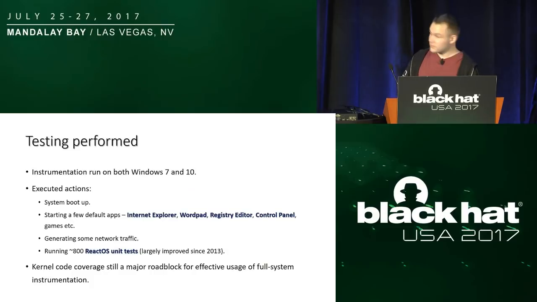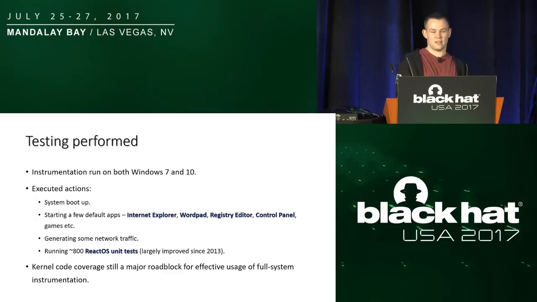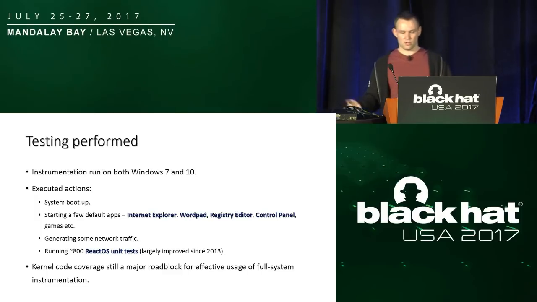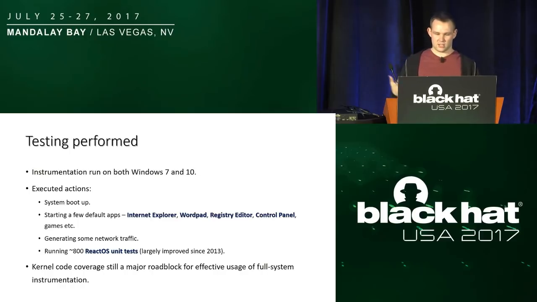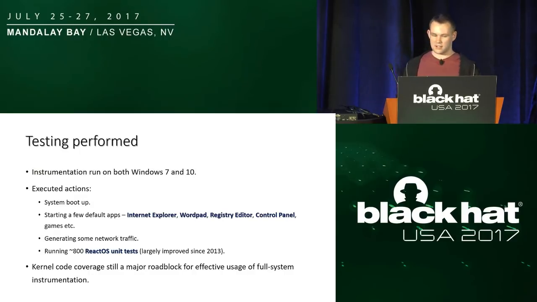When it comes to the testing that I performed in order to get some reasonable code coverage, first of all, I ran the instrumentation against Windows 7 and Windows 10 in order to get both the old code that could have been removed in Windows 10 and also the new code that was added in that system. And within those guests, of course, I booted up the system, started a few default applications such as Internet Explorer, WordPad, stuff like that.